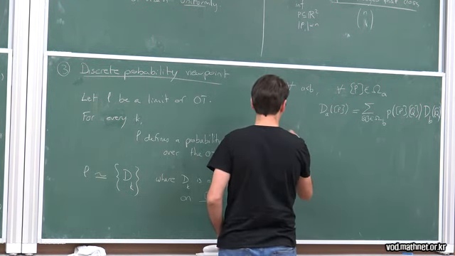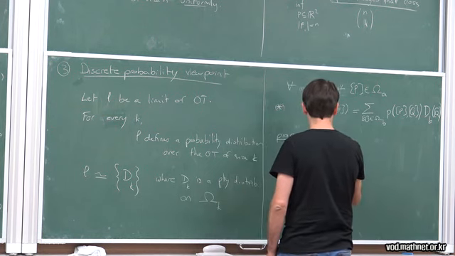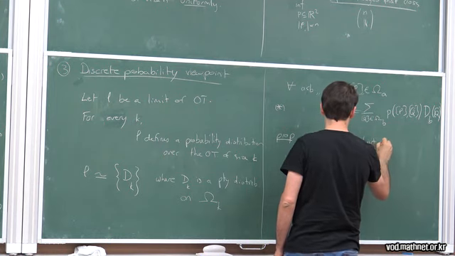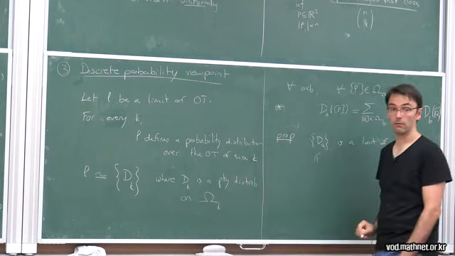And it turns out that d_A is a limit of order type if and only if it satisfies this.